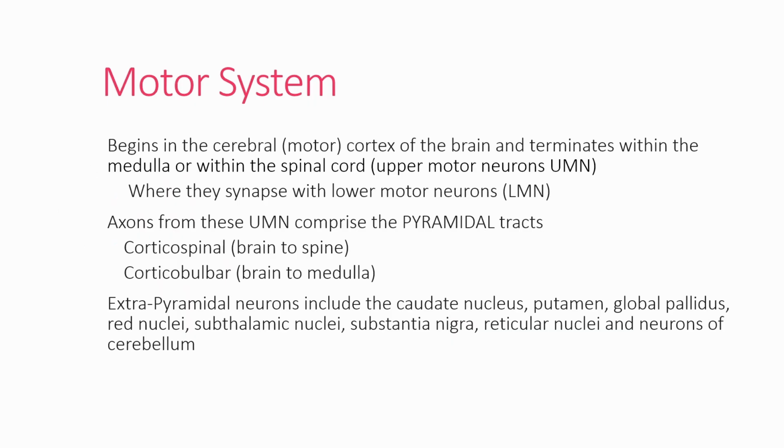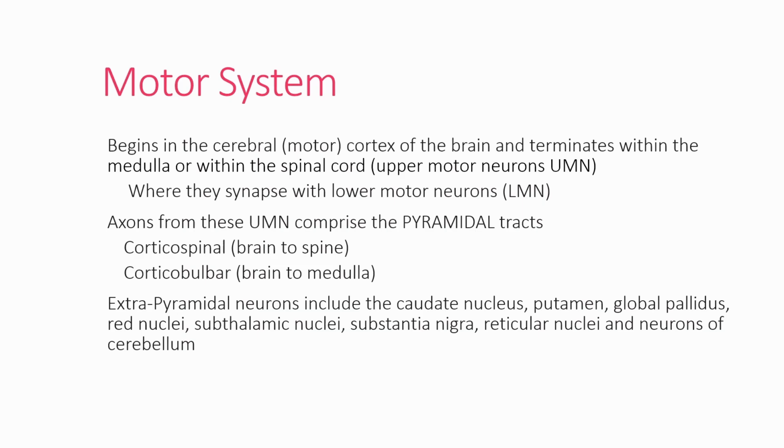Functional neuroanatomy. Our motor system. Motor system starts in the brain and it goes down to a muscle. So it starts in the brain and it goes down. The upper motor neuron starts in the brain, it goes all the way down your spinal cord, where eventually it's going to synapse in the spinal cord to the lower motor neuron.